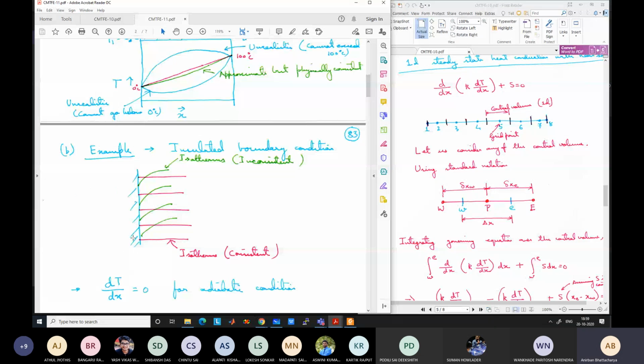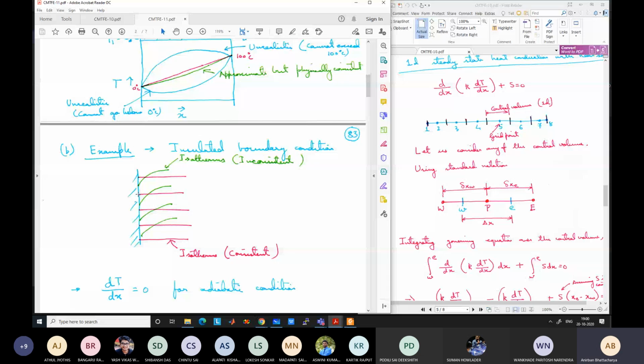So the isotherms, the constant temperature lines, just near the boundary should be perpendicular to the boundary, because temperature cannot vary with x. The same temperatures will be along the x direction at the same height.